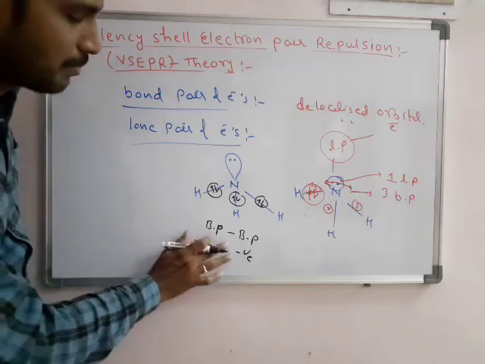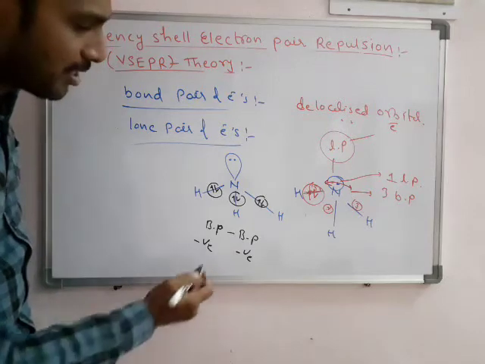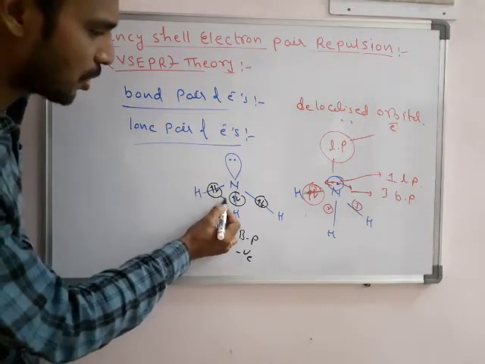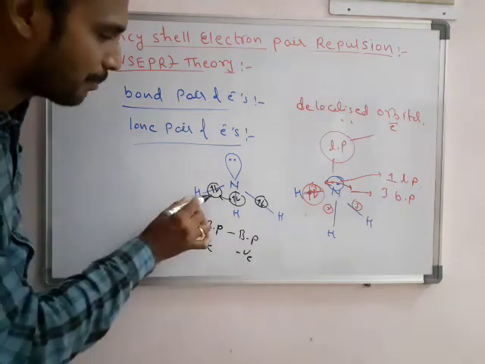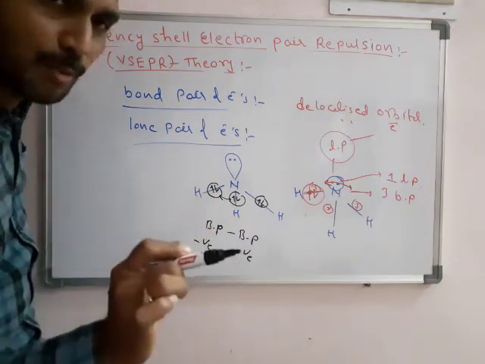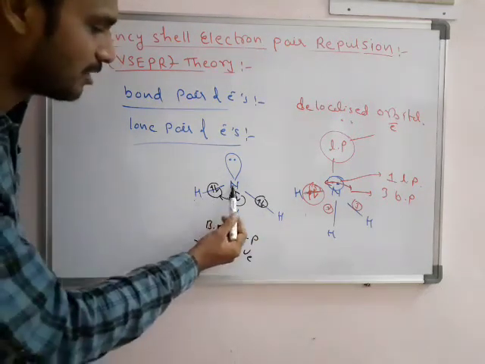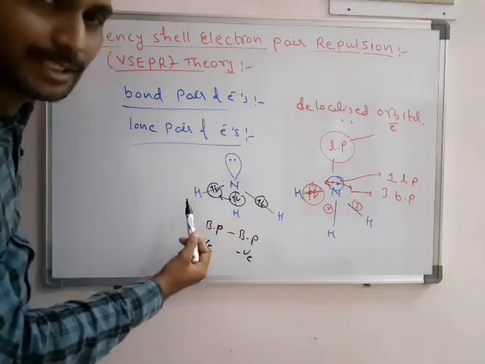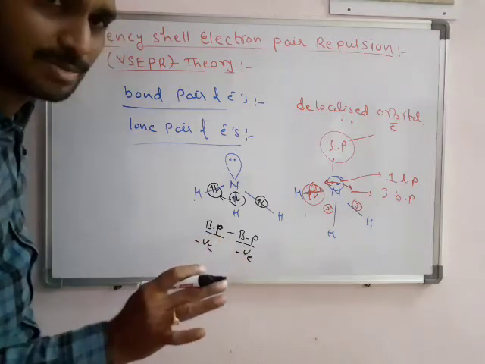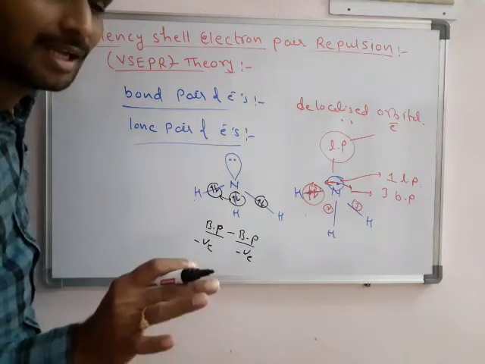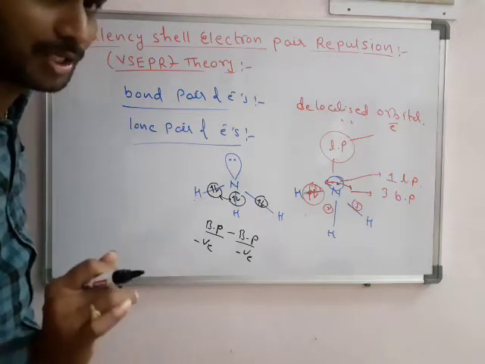Actually, this bond pair repulsion is very small and negligible, because there is a lot of distance between the two bond pairs and the movement of a bond pair is very little. As we discussed, they are fixed between the two bonded atoms. So bond pair repulsion is there, but it does not affect the shape of the molecule much.